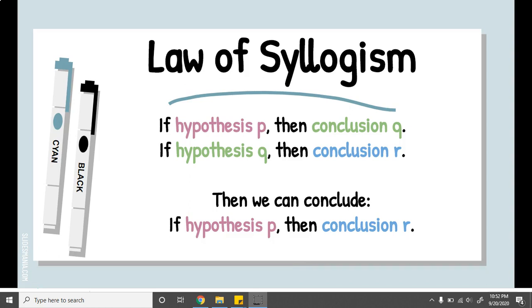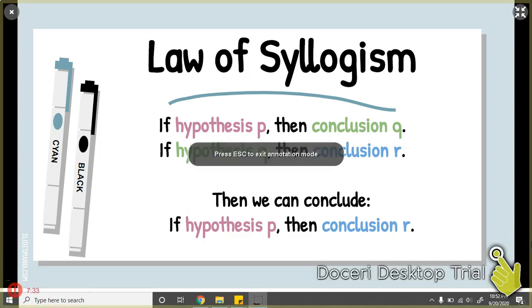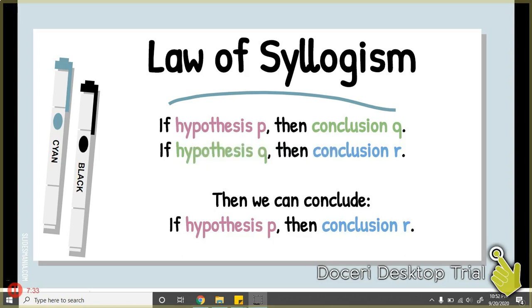The next law is the law of syllogism. The law of syllogism basically takes two conditional statements that are linked together so that we can make another conclusion. So here's how this works.